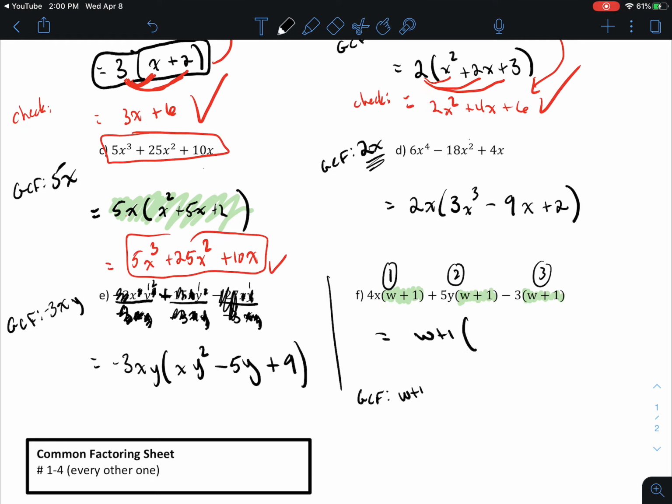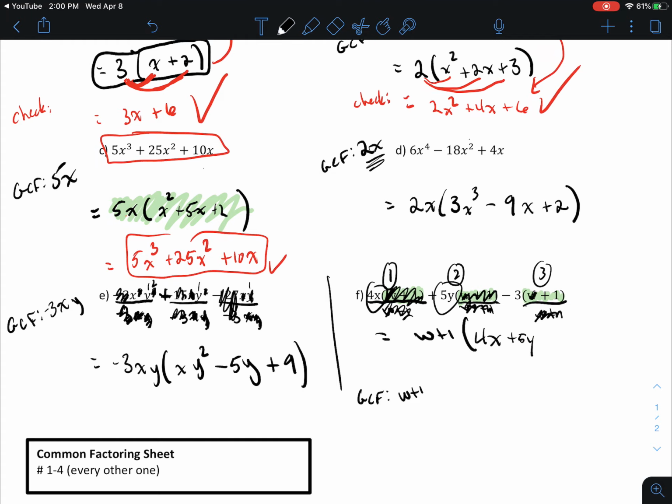Well, I'm just going to follow the same process. w plus 1 goes out front, and I write what's left after I divide everything by w plus 1. Well, what's left? w plus 1 cancels with w plus 1. I'm left with 4x out front. w plus 1 cancels with w plus 1.